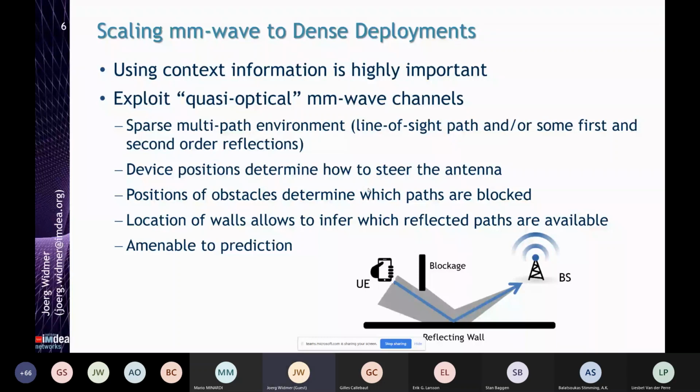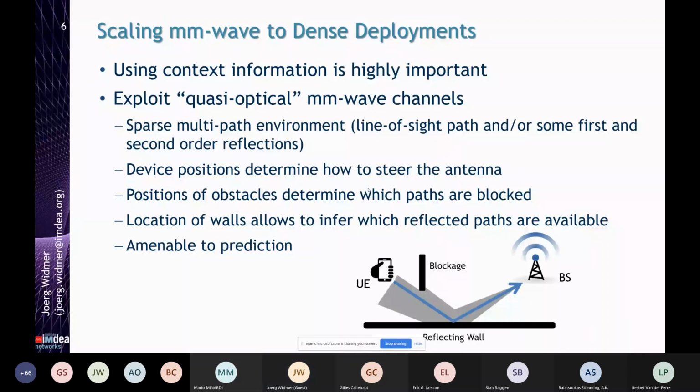The fact that there is a wall in between tells you that you will not have a direct link, typically, right? But if you know there is a reflecting wall at the bottom, and reflections, typically incoming angle equals outgoing angle, if you know the geometry of the room, you know where the device is, you know where the base station is, you know where the wall is. You can just geometrically calculate at what angle you should radiate to bounce the signal off the wall and hit the base station.